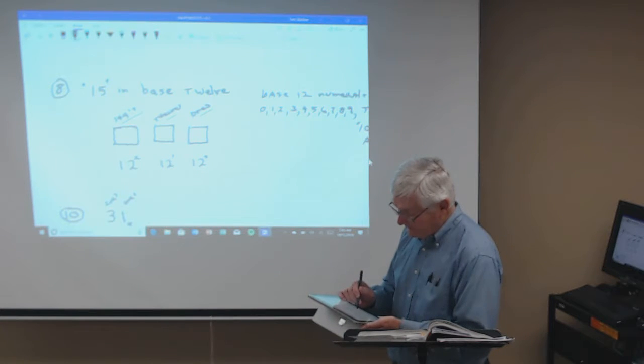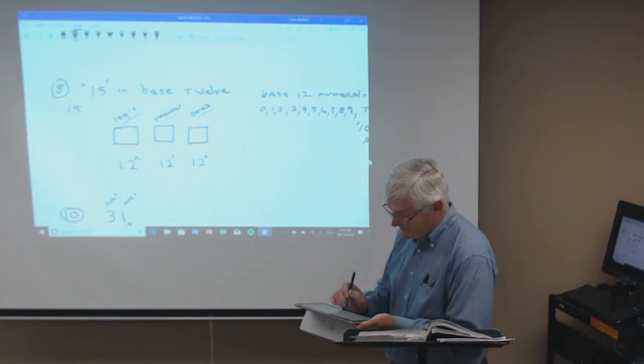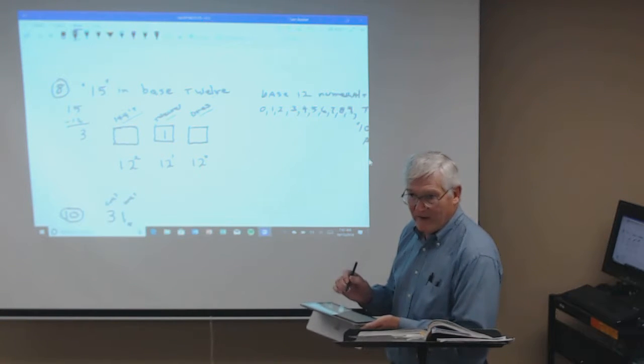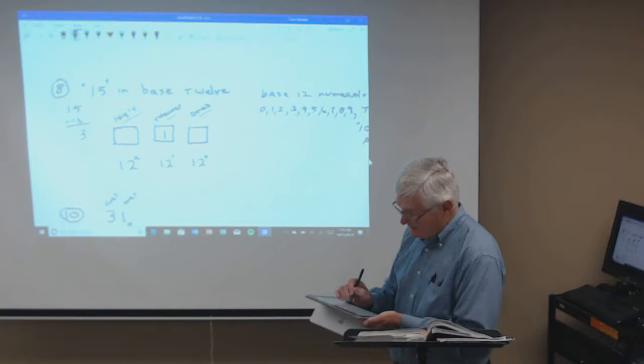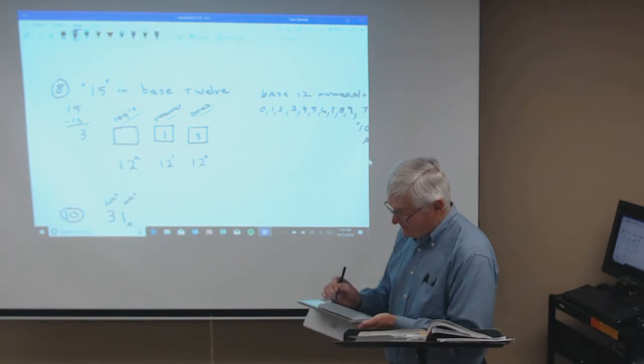Are there any 12s in 15? There's one 12, isn't there? One group of 12. When I take out 12, I'm left with 3. Everybody follow that? So it's one group of 12 and 3 1s, which would be 1 3 in the base 12.